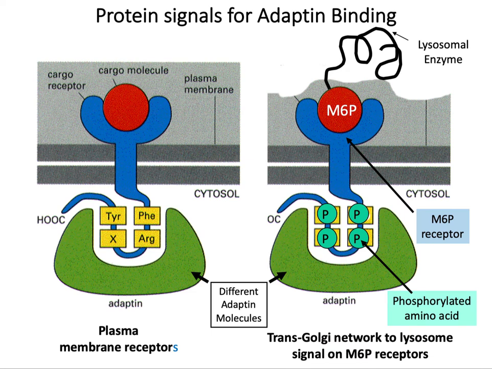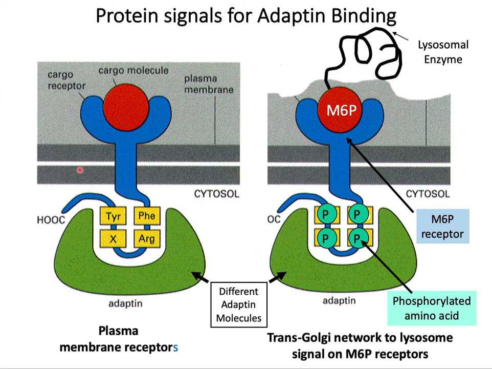The adaptins that function in the trans-Golgi network are not the same adaptins that function at the plasma membrane. Remember, the clathrin-coated pit and the clathrin-coated vesicles regulate the trans-Golgi to lysosome trafficking, and they regulate receptor-mediated endocytosis. While the clathrin is the same in both of those pathways, the adaptins are different.